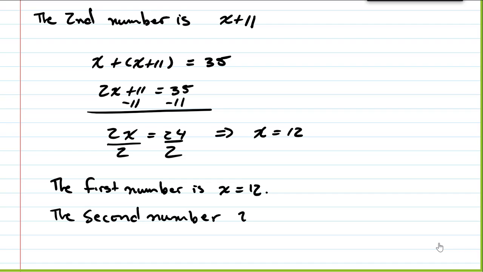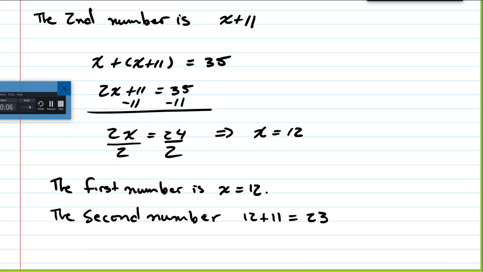So if x is 12, that's going to be 12 plus 11, which is equal to 23. And a quick check, 12 plus 23 is indeed 35, and 23 is 11 more than 12. So this indeed is the solution to that equation.